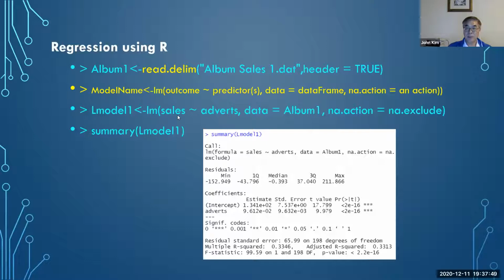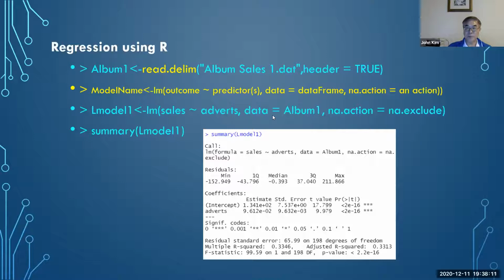Then sales is the outcome, y variable, and then the predictor, x variable.